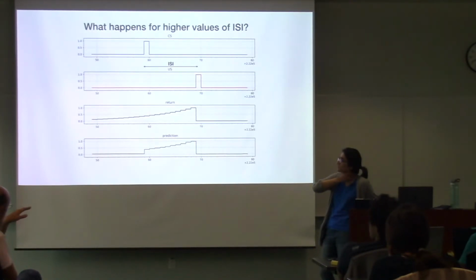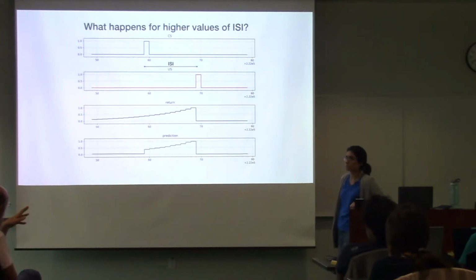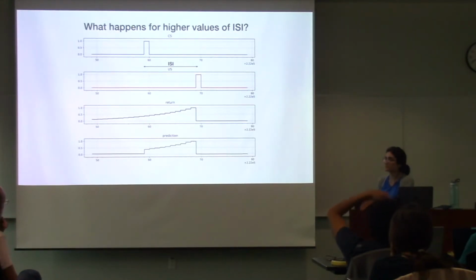The prediction should go up, and then if US doesn't come, it should fall down and then go up again. So it would represent the expectation of the return. It will be either this way, or the same thing 10 steps later. So I think it'd be good to do that.